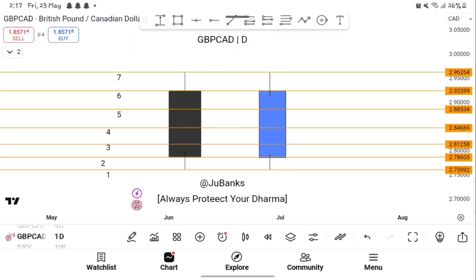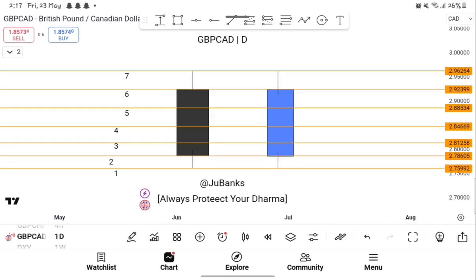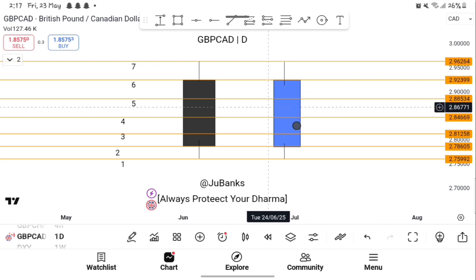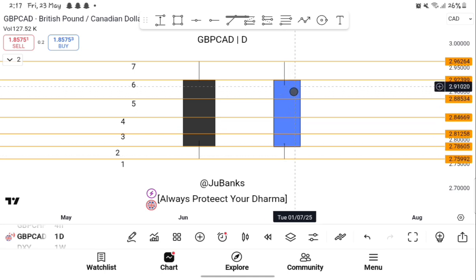So what it means is that at the beginning of the day, price began right at what? Right at price 2. So price line 2 for bullish. For this bullish candle, price began right here at price 2. Then it went to where? Price 1. Then from price 1, it rose up to the highest point, which is price 7, and then finally closed for the day at price 6.